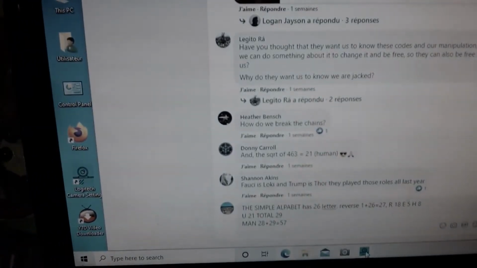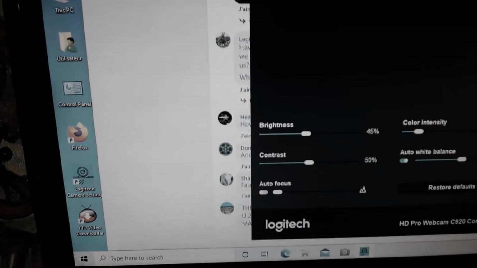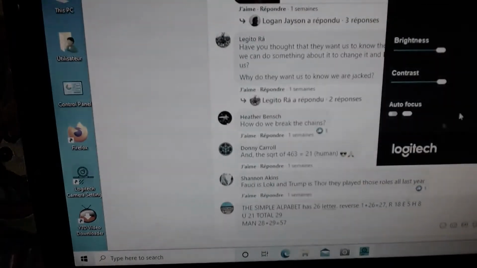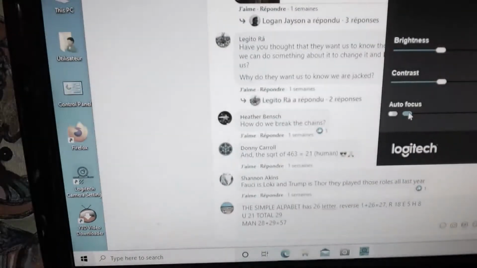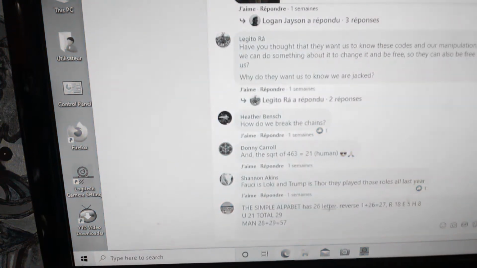Well, anyways, okay. Let me look at this focus again. No, this focus is no good. This white is no good. Anyways, doesn't seem like I'm getting anything out of this. Okay, so we're just going to continue on.